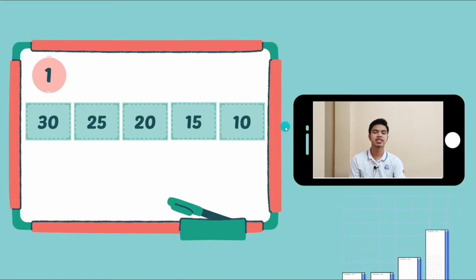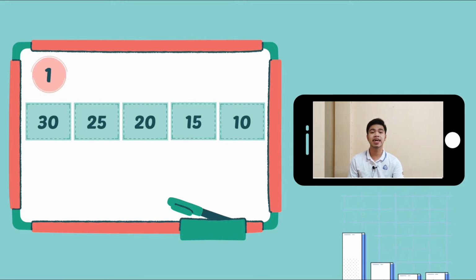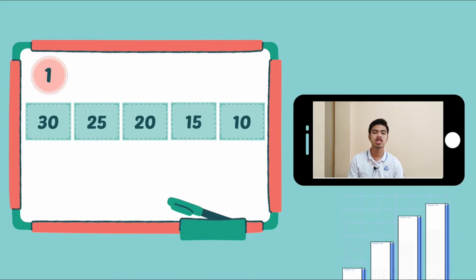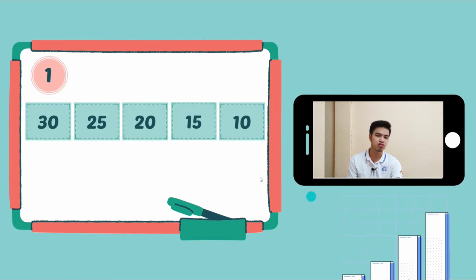Okay, for example, in number 1, we have the numbers 30, 25, 20, 15, and then 10. So, in order to find out what is the counting down of each pattern, we have to subtract two consecutive numbers first. So, we're going to choose 15 and 10, okay?